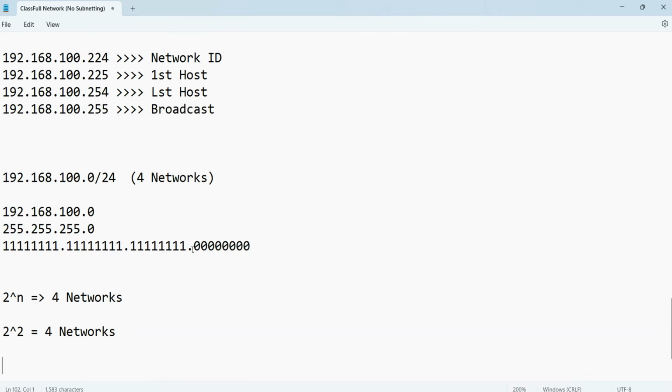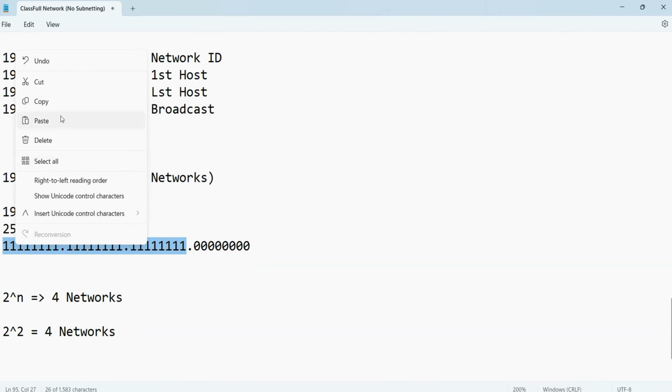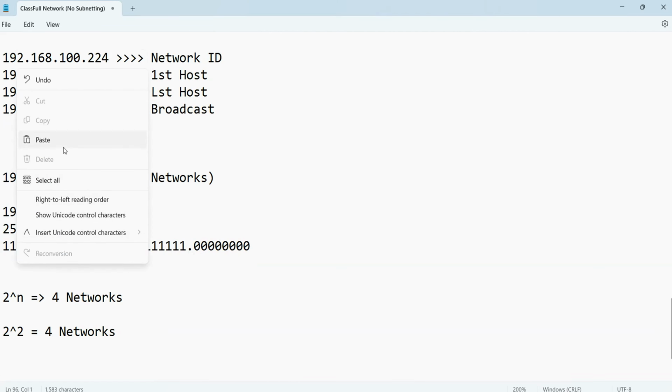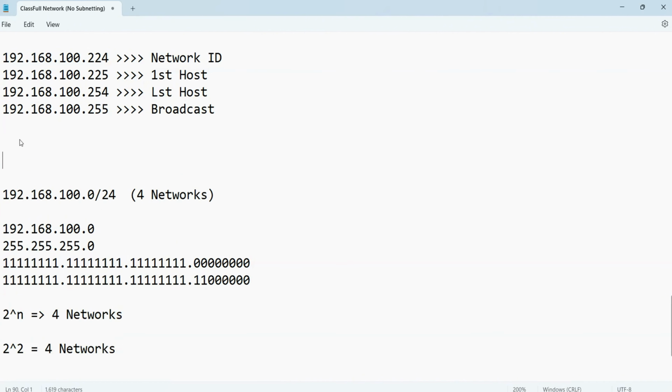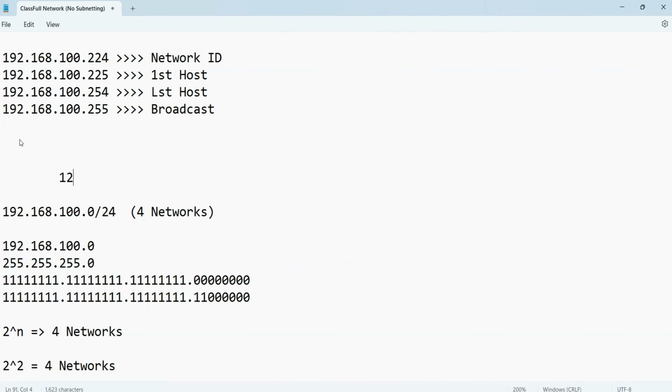So which bits did I borrow? Let me just copy and paste this right over here. Dot 1, 1, and the rest is all zeros, just like that. Okay, so what is the value of the bits that I actually borrowed? I'm going to do that right over here again. 128, you have to remember this: 128, 64, 32, 16, 8, 4, 2, and 1.